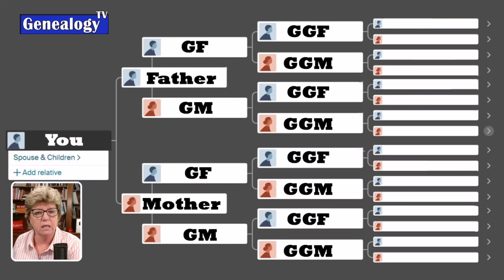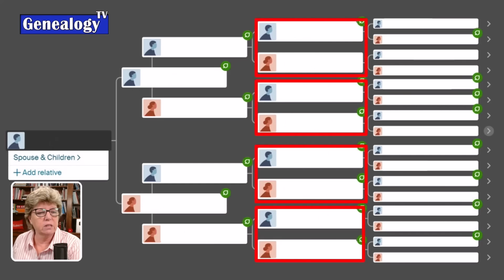Well, how do we do that? We do that by focusing on the great-grandparents. This is the ancestral couple for each one of your grandparents, the parents of your grandparents, right? These people begot your grandparents, right? So it is the great-grandparents that we're focused on.